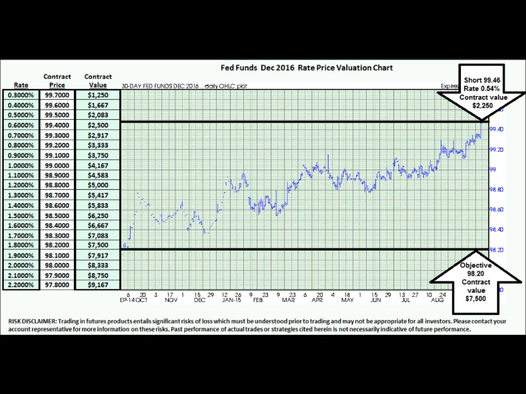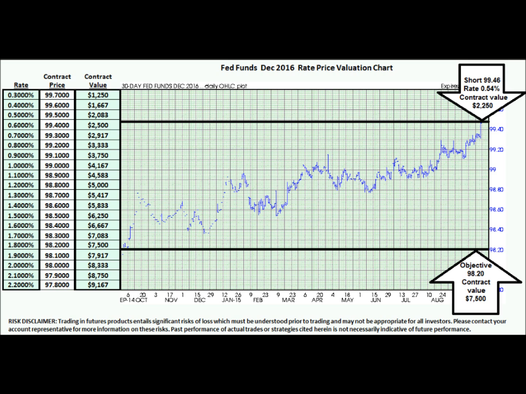Trading the Fed funds rate higher requires establishing a short position. In this example, I'm short the December 2016 Fed funds futures contract at 99.46, representing a rate of 0.54 and a contract value of $2,250.